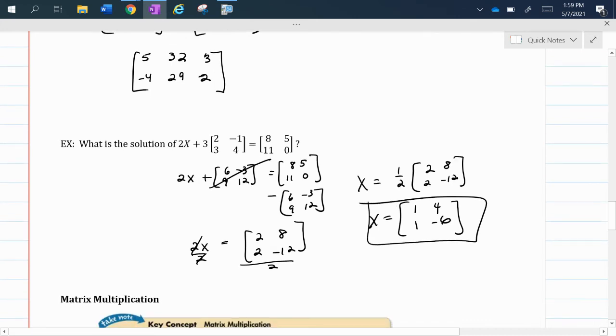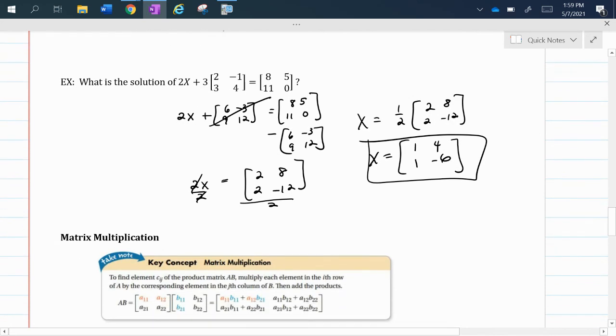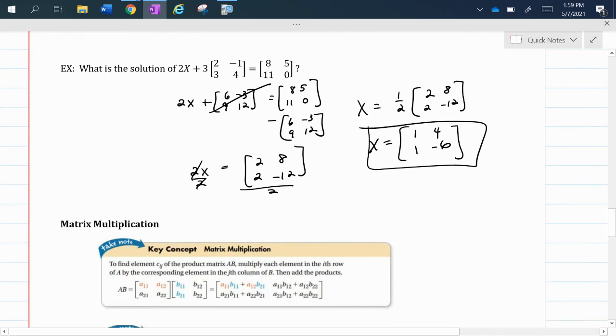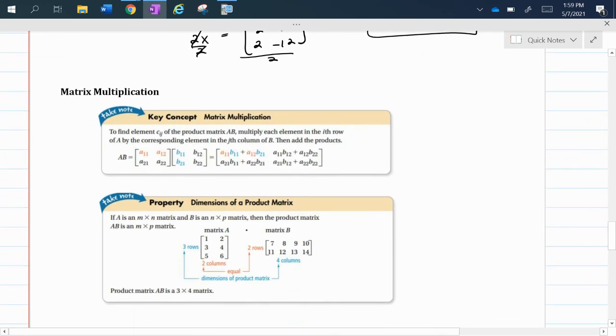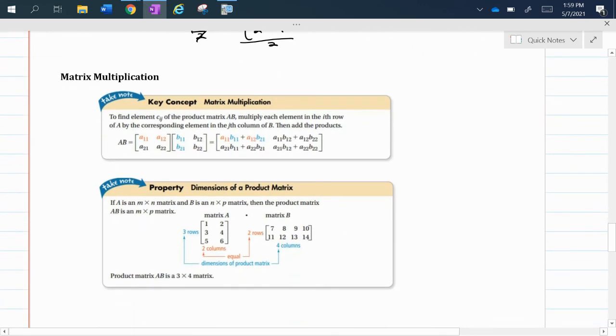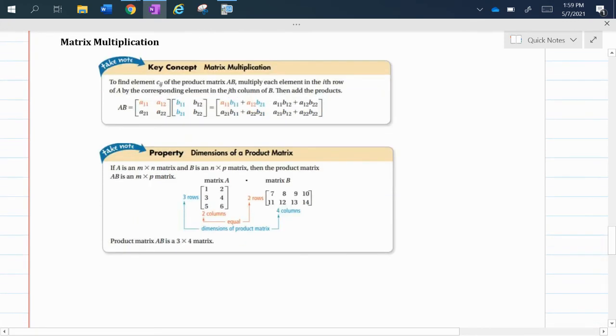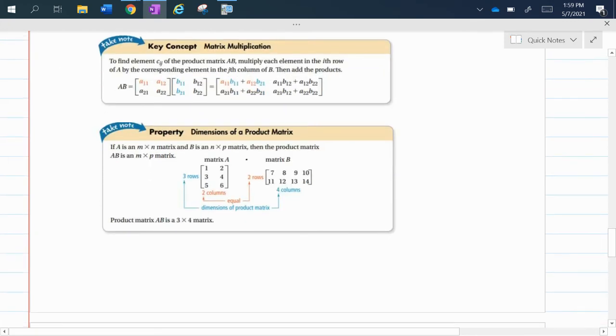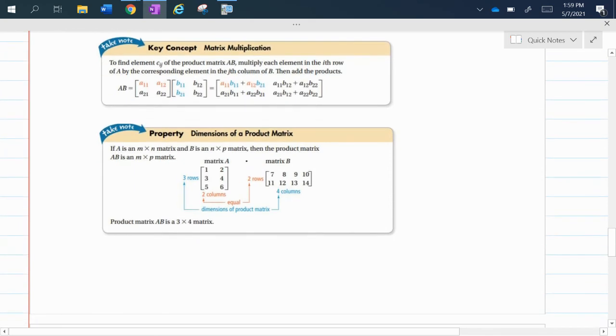So the last thing I want to talk about is matrix multiplication. So this gives us a little steps on how we do the matrix multiplication. But first, let's talk about if the matrix multiplication is even possible.